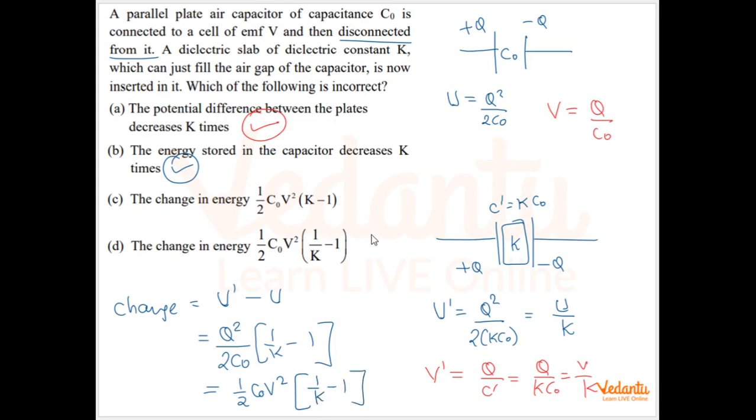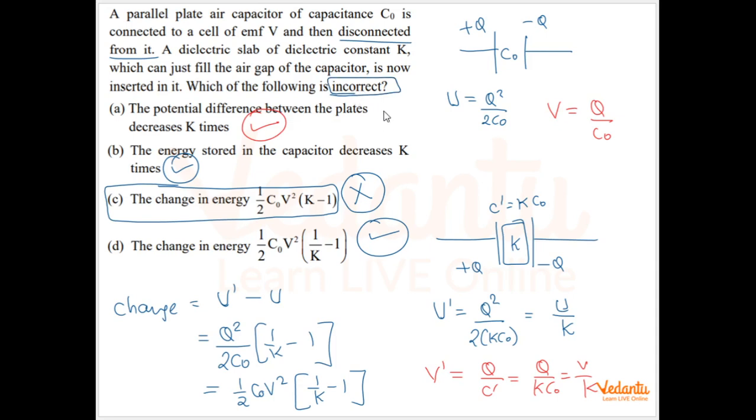So option D is also correct. So only incorrect option is option C. That would be the answer, because the question is asking which of the following statements is incorrect. Option C will be the correct answer. It's the incorrect statement, so it will be the answer.